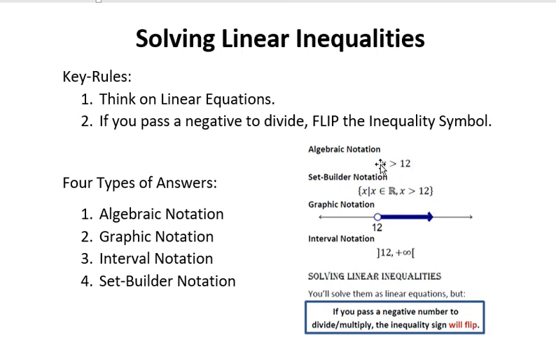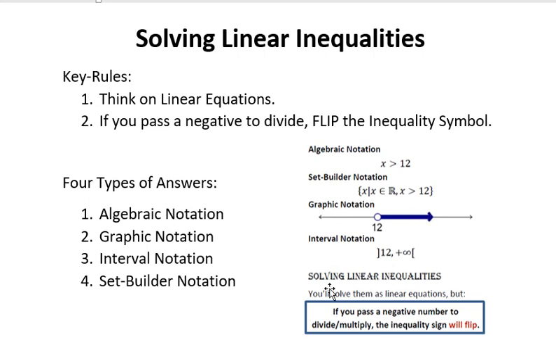Like if the answer is x greater than 2, then you can put it like this, and that is what we're going to call the algebraic form of the answer, or the algebraic notation. And this other way will be the set builder, with a drawing will be the graphic notation, and with these brackets will be the interval notation.